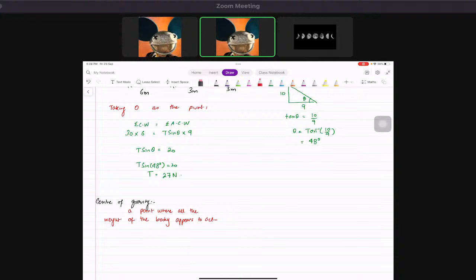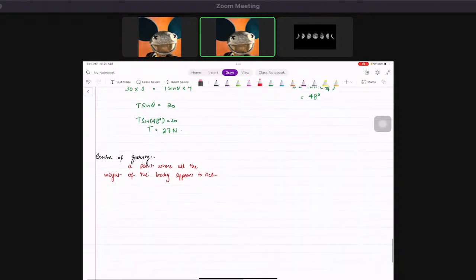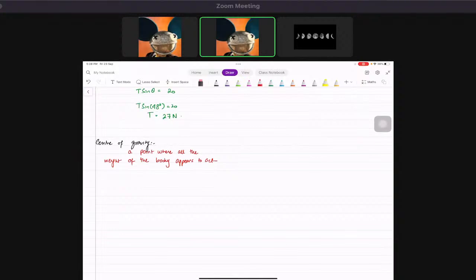Now, basically, it means that writing this word is very important. So do not forget that this is a keyword here.